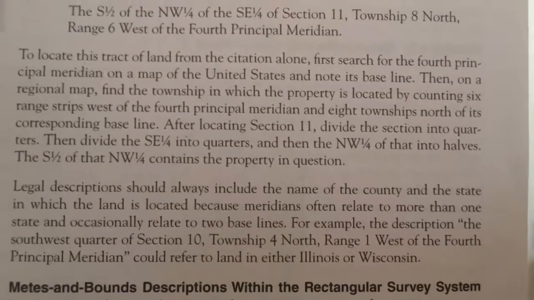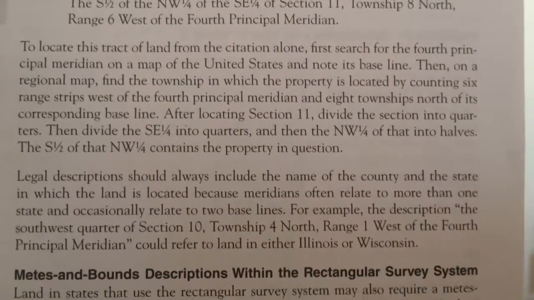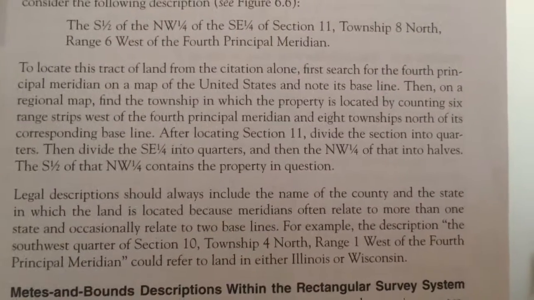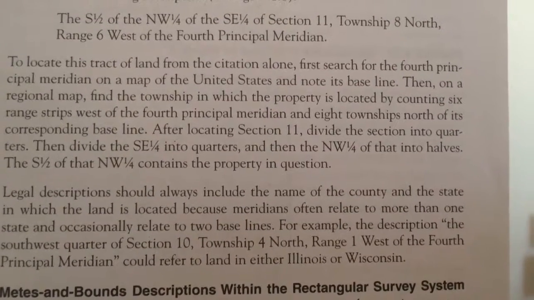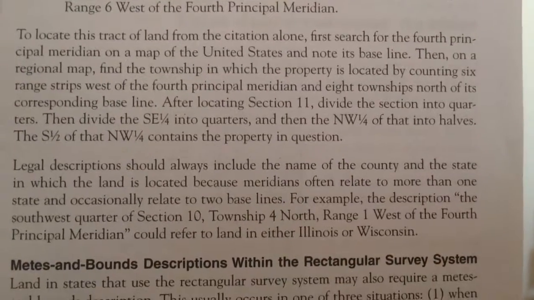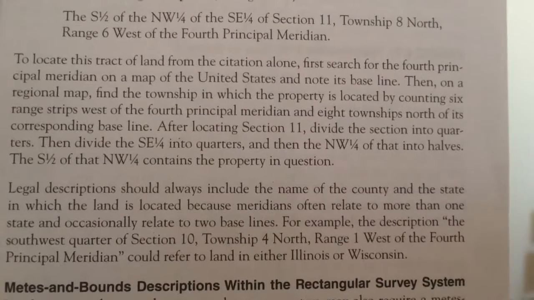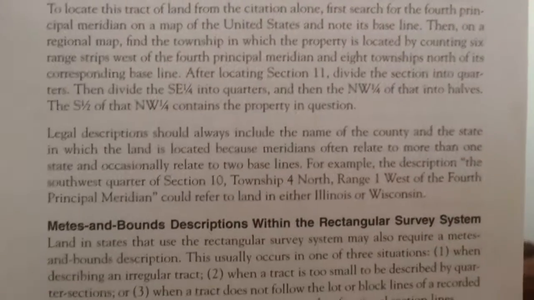After locating section 11, divide the section into quarters. Then divide the southeast 1/4 into quarters. And then the northwest 1/4 of that into halves. The south half of that northwest 1/4 contains the property in question.